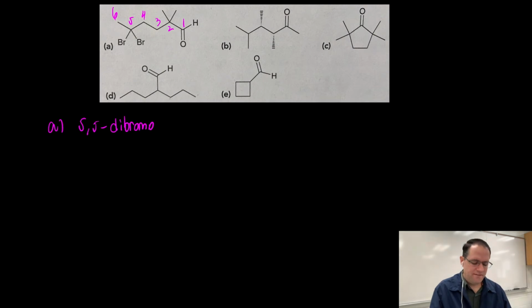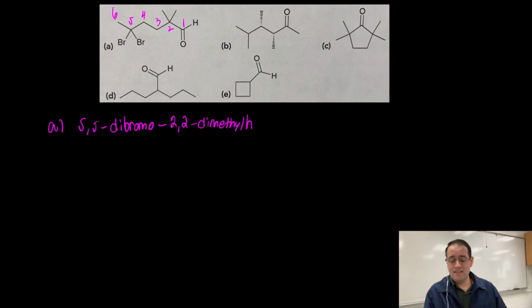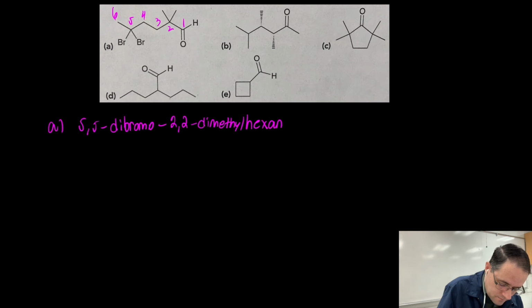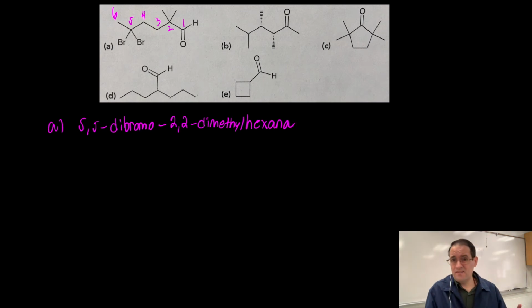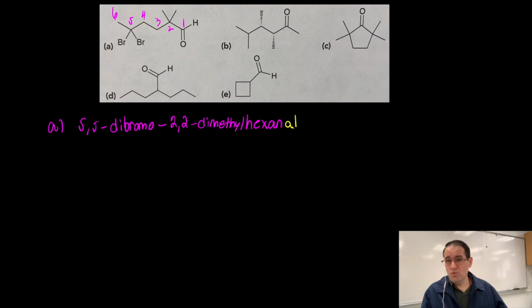So this is 5,5-dibromo, and then we want to say 2,2-dimethyl. The parent chain is hexanal. So that's it, and it ends in AL. I'll just highlight that in yellow here. Now don't write OL, because OL is an alcohol.